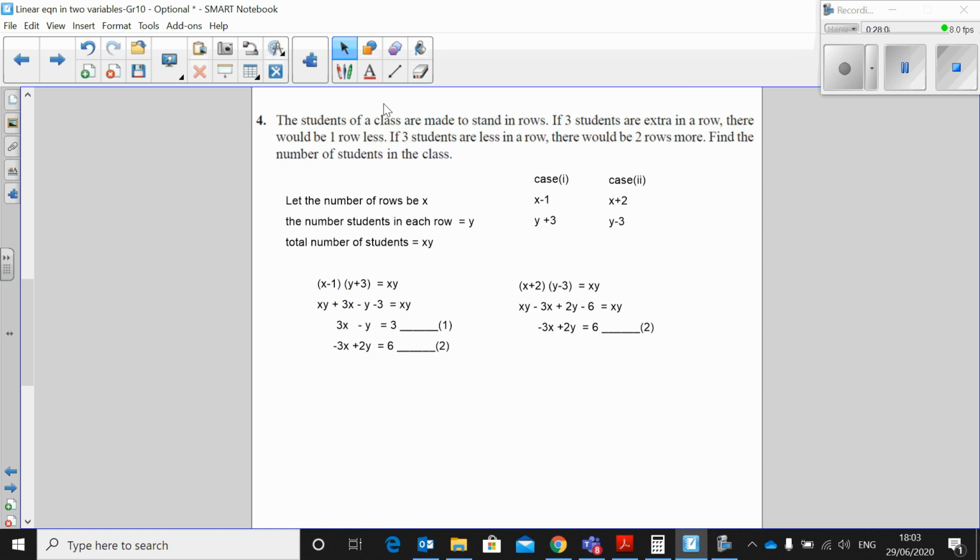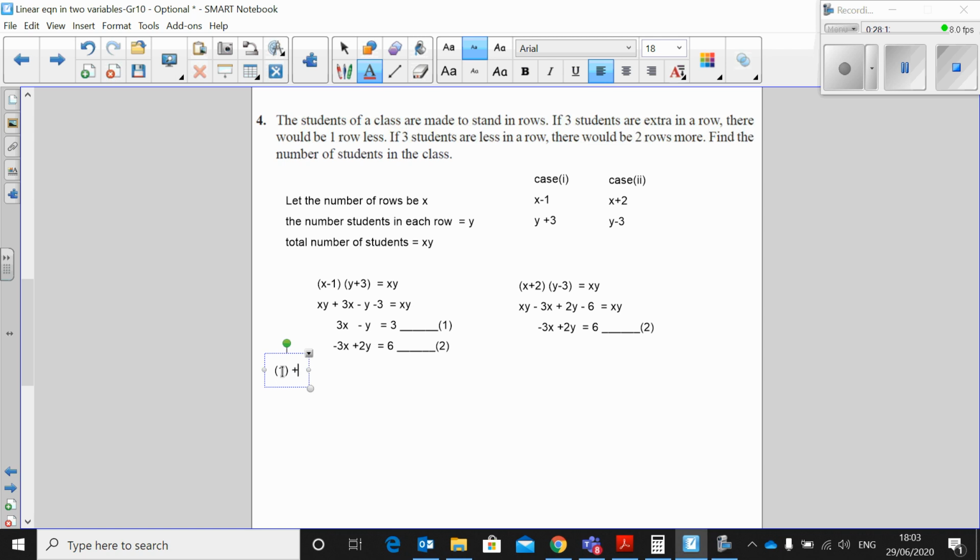Equation 1 plus equation 2 will eliminate x. 3x and minus 3x will get cancelled, and y is equal to 9.